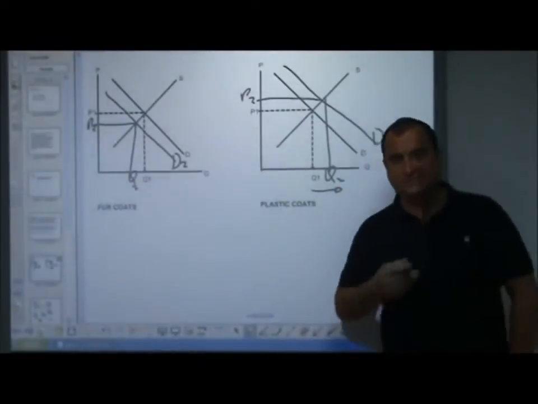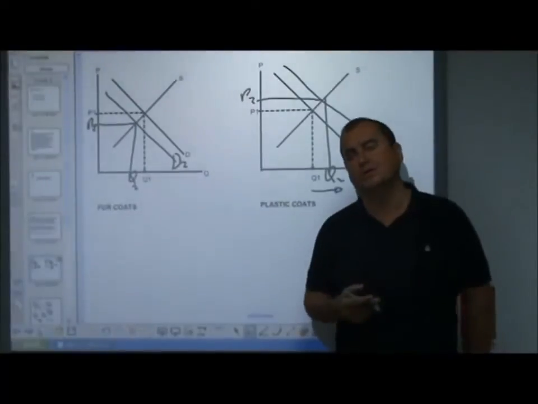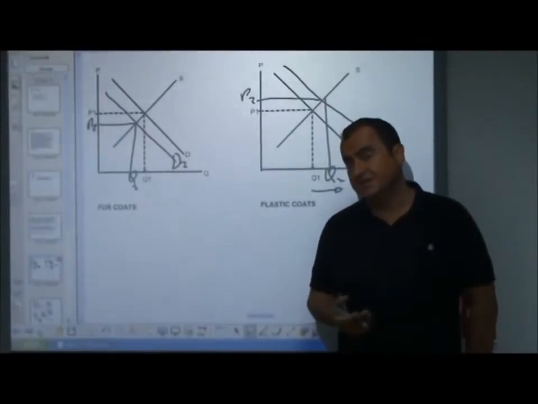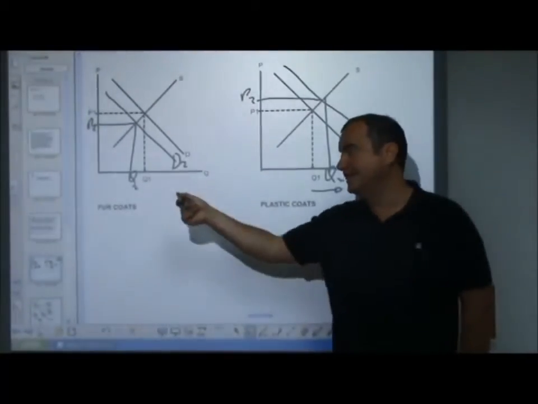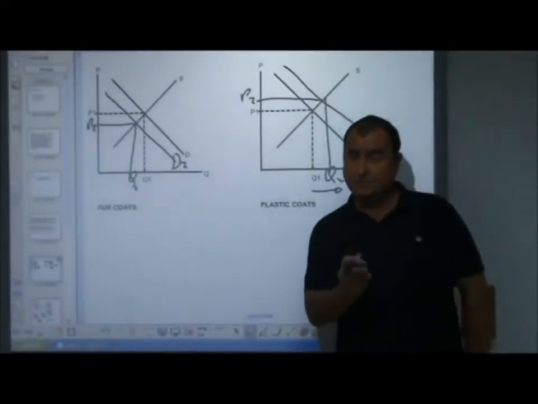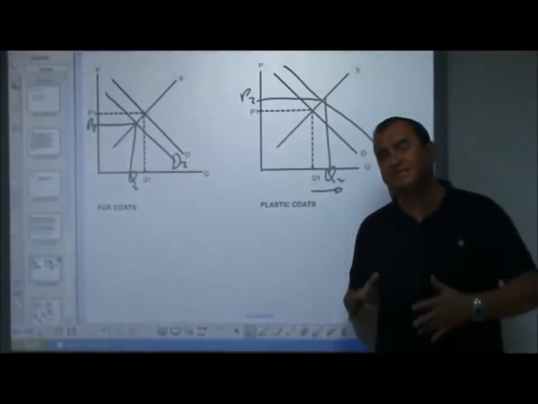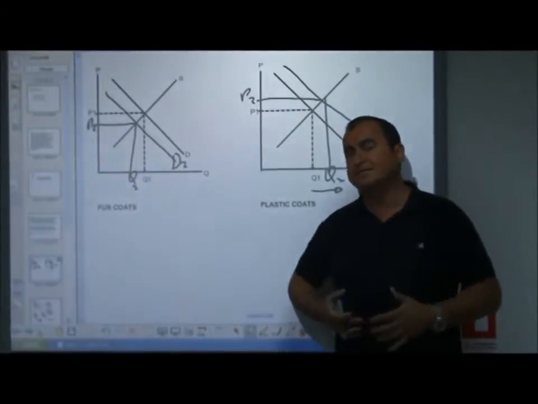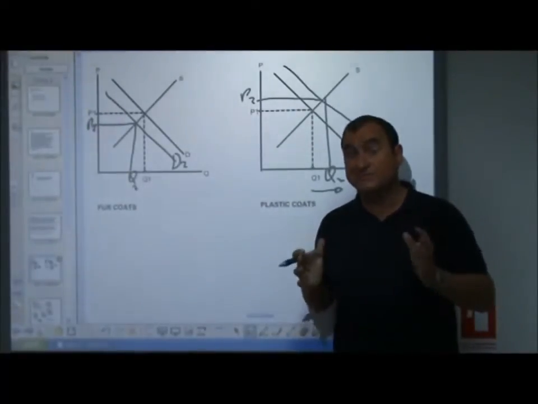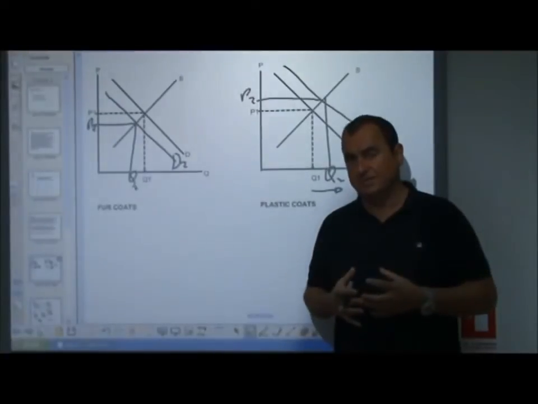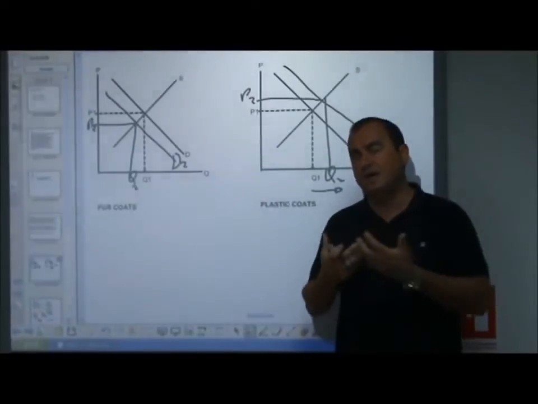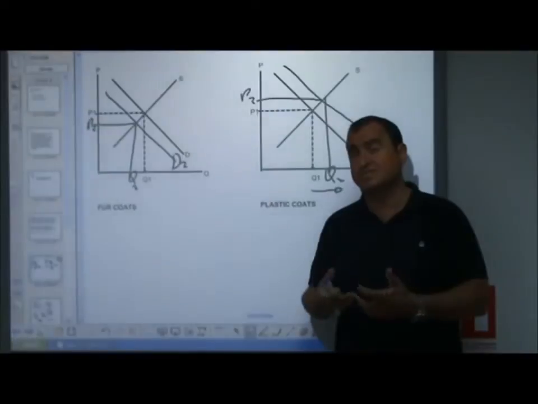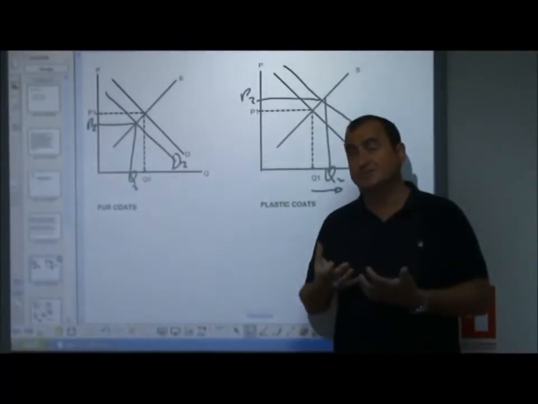What's happened is that some of the limited resources in the economy have been reallocated out of fur coats and into plastic coats. Now stop and think what that means. It literally means, as the demand for fur coats fell, suppliers of fur coats got the signal that demand was falling and chose to supply a lower quantity, fewer fur coats to the market.